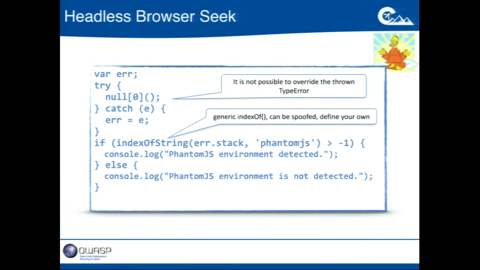We'll get to that in the catch clause. By that, we can look at that error's stack later, and if it contains phantomjs, then it's probably either Phantom or Slimer or any other PhantomJS-based user agent. And it turns out that it's quite difficult to spoof the stack trace.